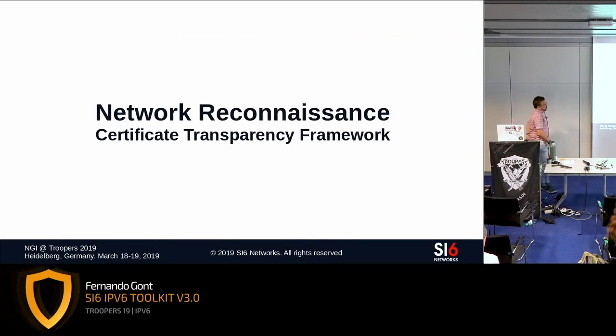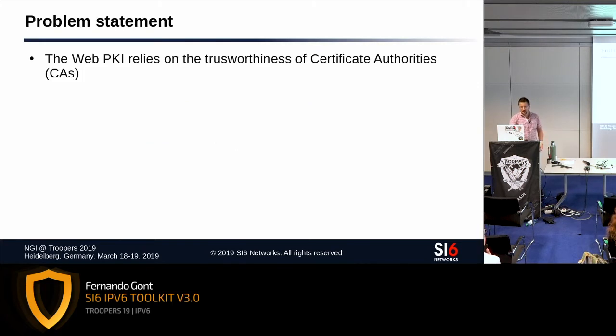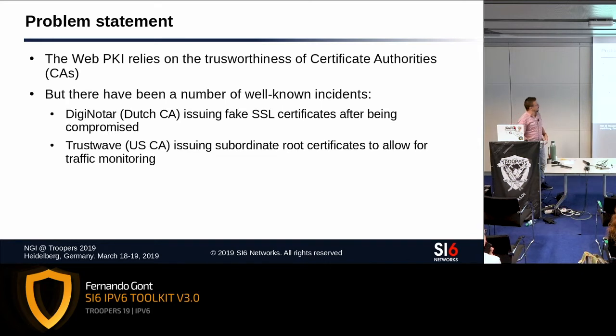Another tool that is quite useful. I don't know if you ever heard about the Certificate Transparency Framework. The short version is that you have the PKI that relies on certificates, and of course, the whole web PKI essentially relies on the trust in the certificate authorities, okay?